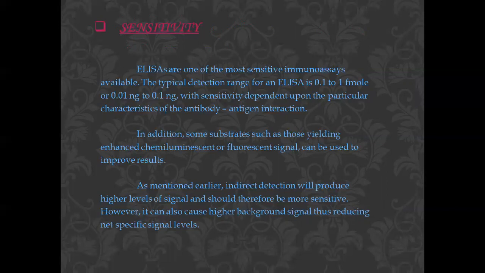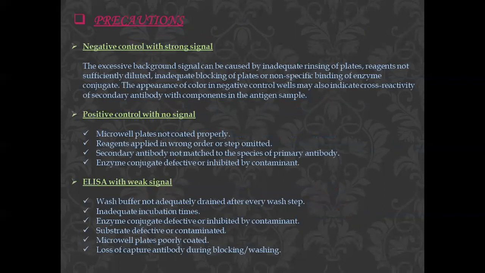In addition, some substrates, such as those yielding enhanced chemiluminescent or fluorescent signal, can be used to improve results. As mentioned earlier, indirect detection will produce a high level of signal, particularly with the primary antibody, and should therefore be more sensitive. However, it can also cause higher background signals, thus reducing net specific signal levels.